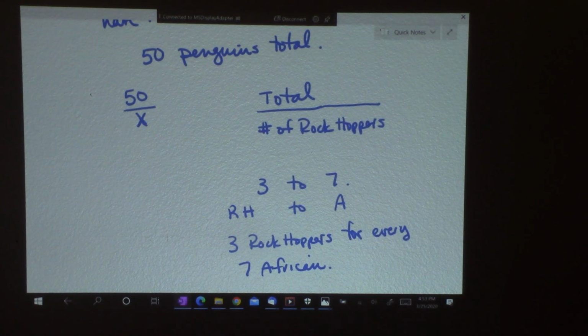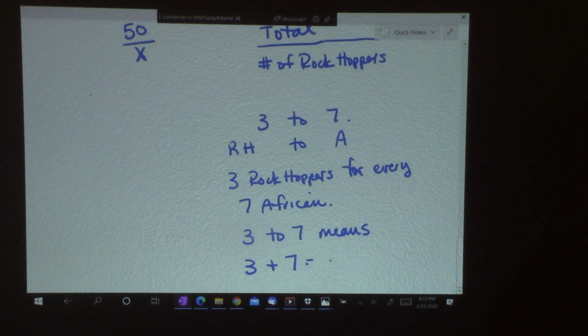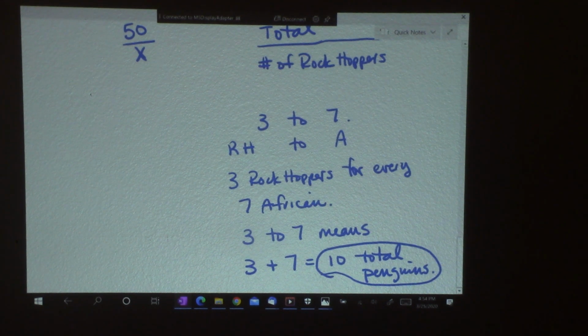For every 3 of one kind, I have 7 of another kind. Well, if I have 3 of one and 7 of another, what's the total of that ratio? 3 to 7 means I have 3 plus 7 total penguins. All right? So when they only give you one total and they give you the ratio, you can use the ratio to find out another total.